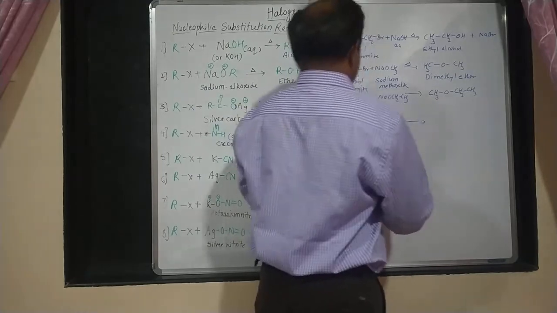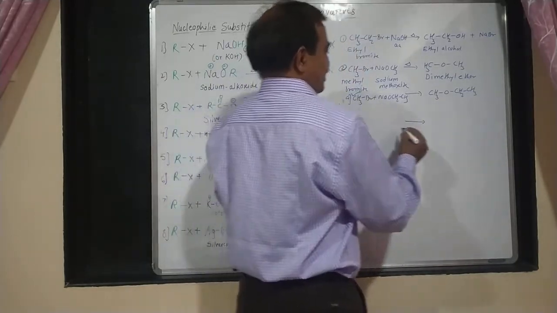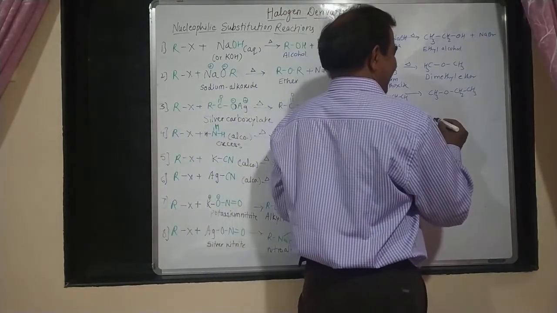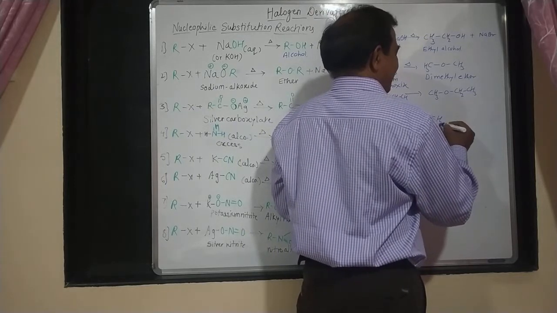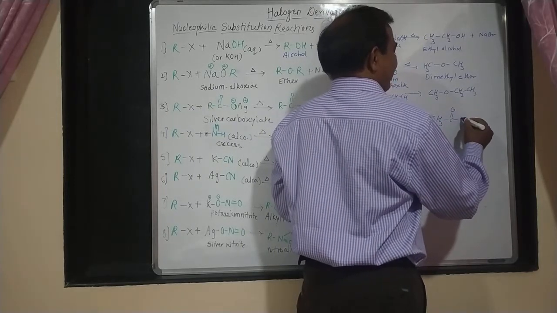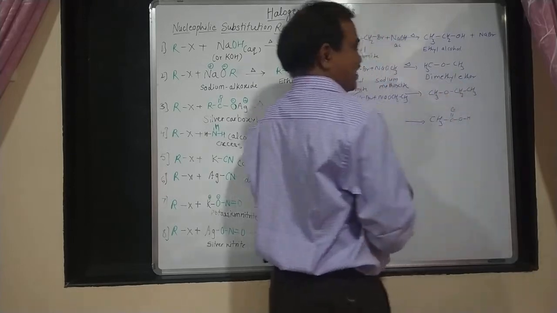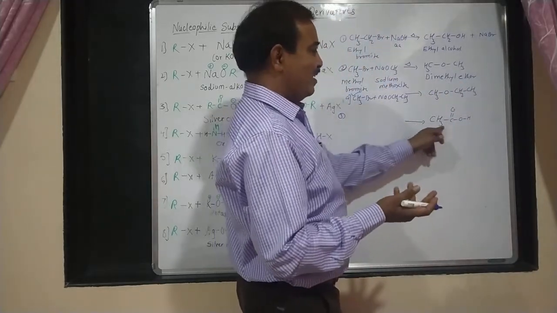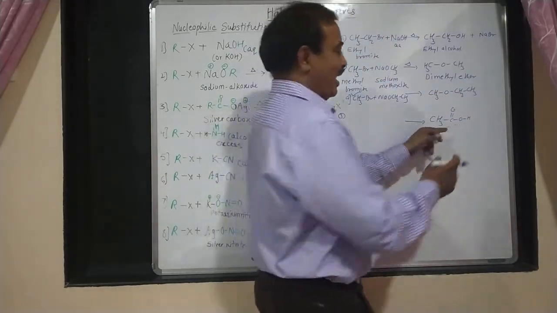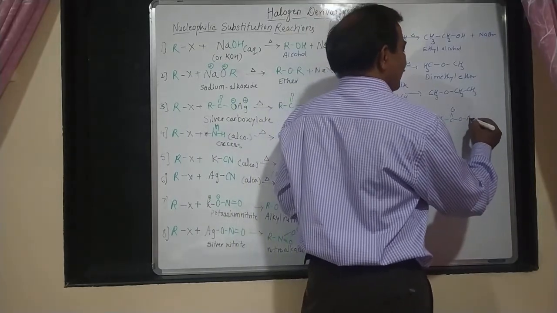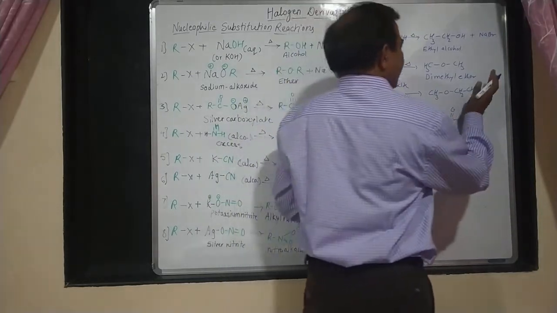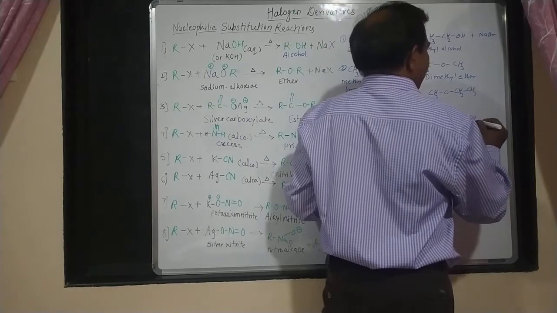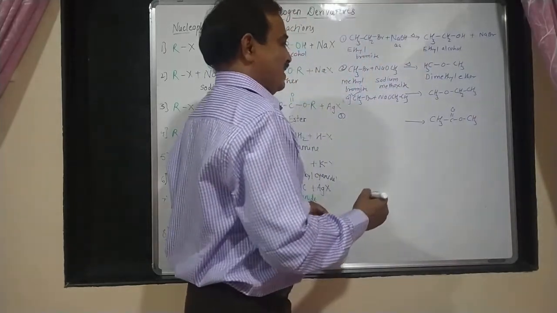I will draw the structure of methyl acetate, because some students have difficulty drawing the structure. First, for acetate, you can draw acetic acid, and in place of the hydrogen atom you put a methyl group. This will be methyl acetate.